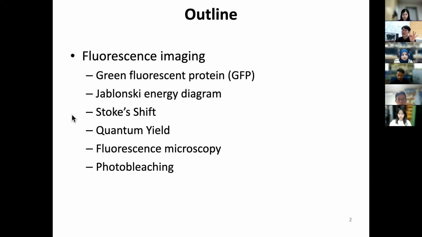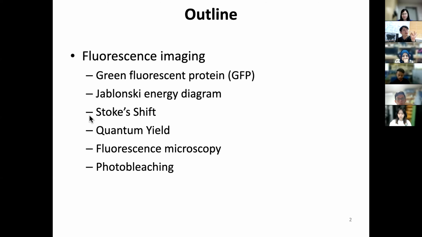This gives us an exquisite specificity, because you see a beautiful black background like a night sky with stars blinking.